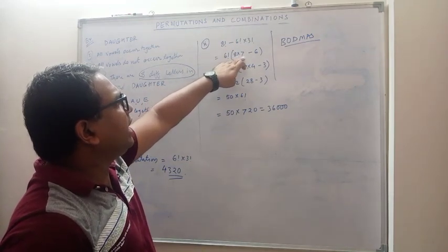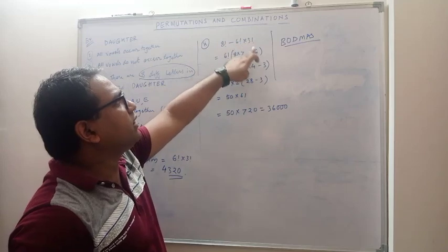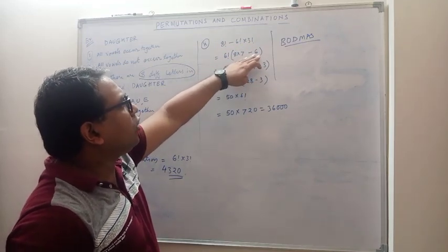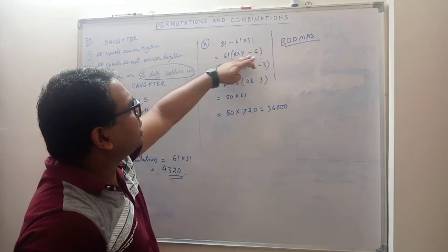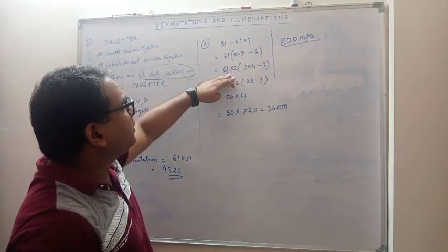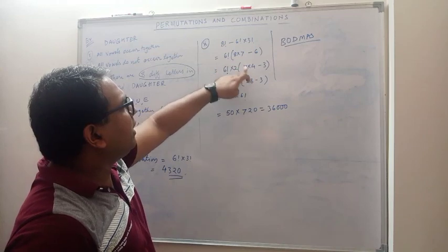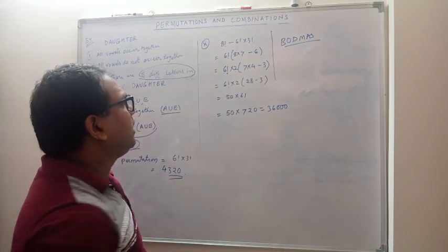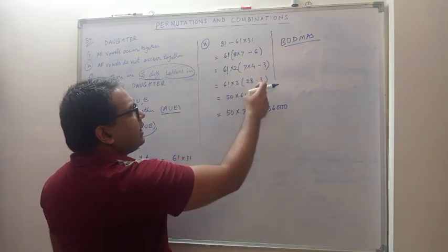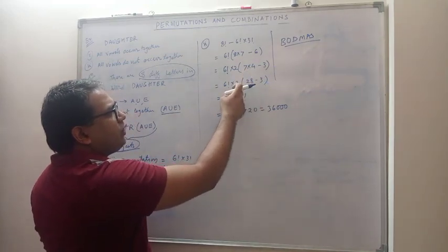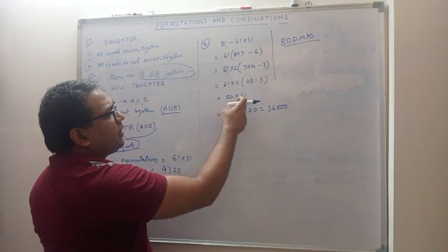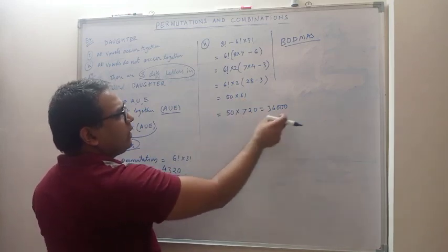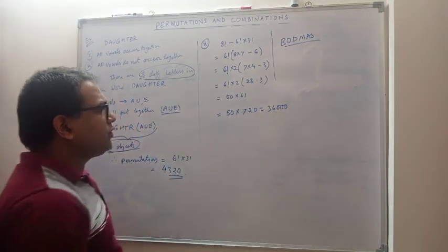You will have 8 into 7 minus 6 factorial, 3 factorial is 6, and again you can take common 2 from these two terms. So it will become 6 factorial into 2, then 7 into 4 minus 3. Now it is 28 minus 3, it will become 25, 25 into 2 will give you 50, 50 into 6 factorial, that is 720. So after multiplying you will get 36000.